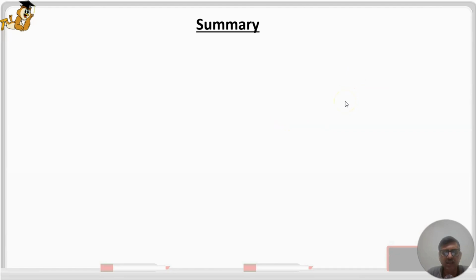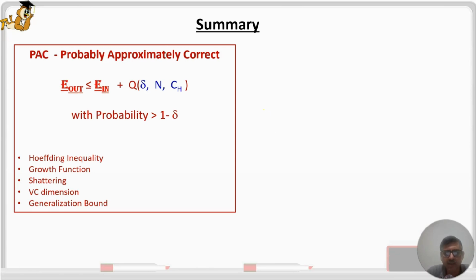We began a couple of lectures ago with the following promise. We said that there were two distinct standalone theories under the broad umbrella of the theory of learning, and one of them was the PAC, or the probably approximately correct theory. In this theory, we promised ourselves that we would demonstrate that E out is less than E in plus a quantity, with a probability higher than 1 minus delta.